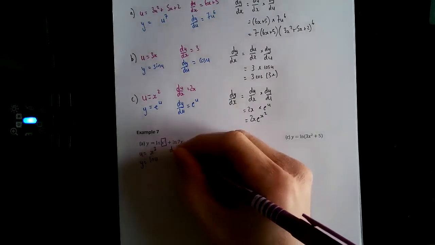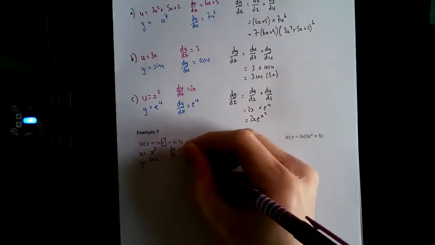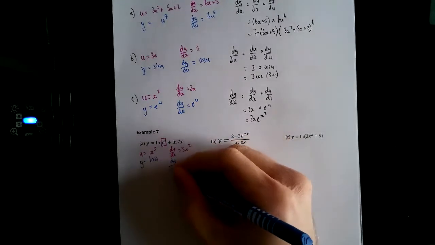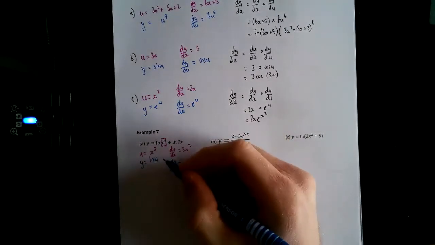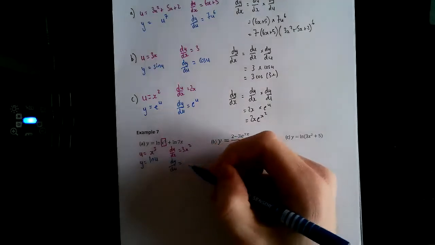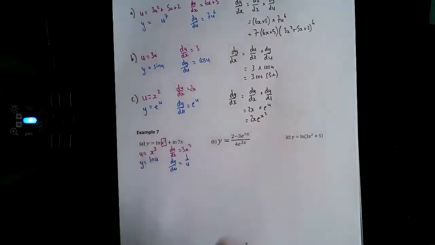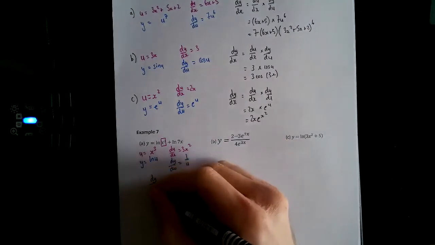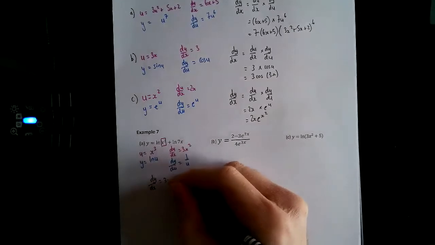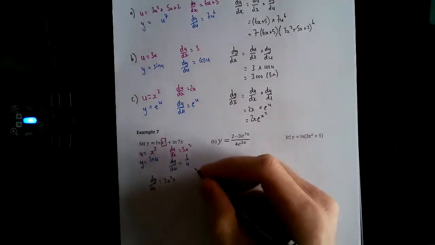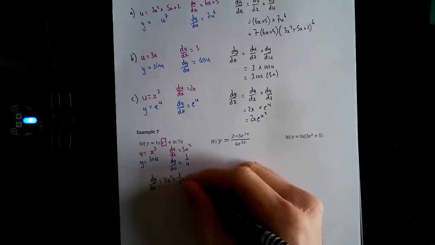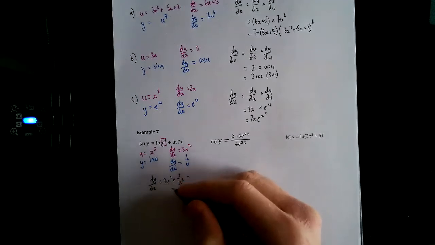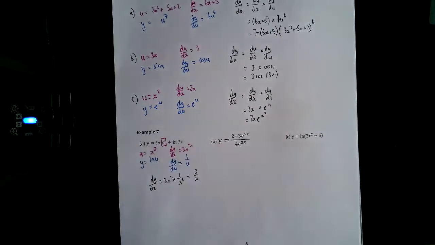So du by dx is 3x squared. dy by du is, well, ln x differentiates to 1 over x, so ln u is 1 over u. Then the chain rule says multiply them together. So I get 3x squared times 1 over u, so 1 over x cubed. Simplify that, and the x squared cancels out, so I get 3 over x.